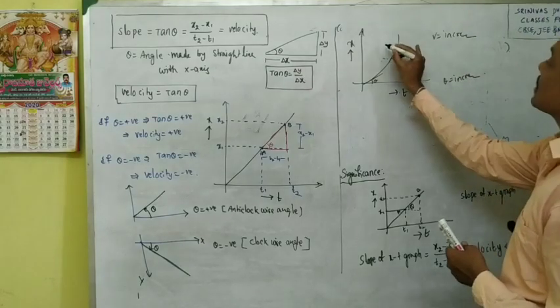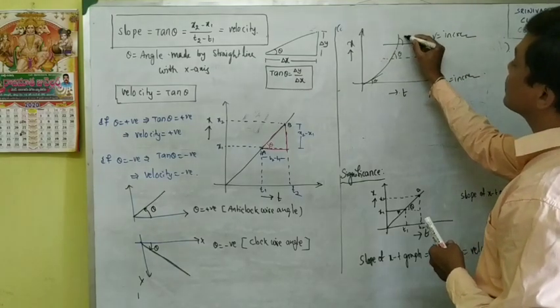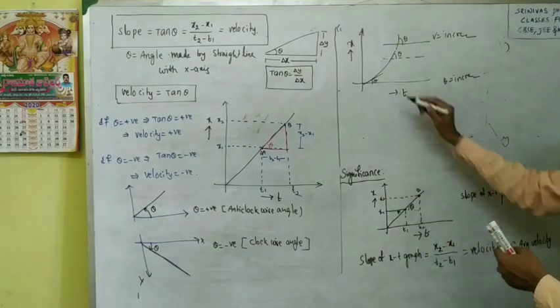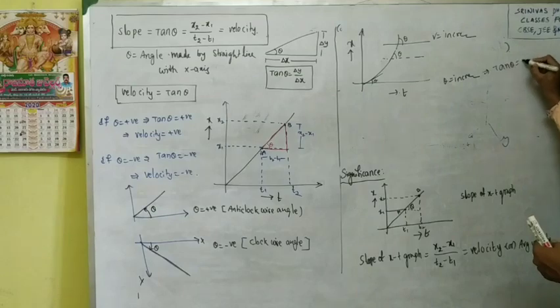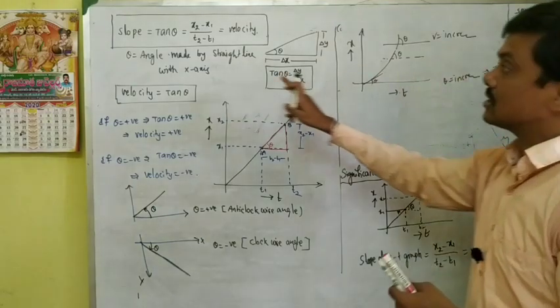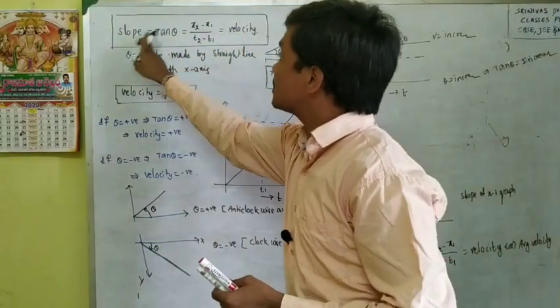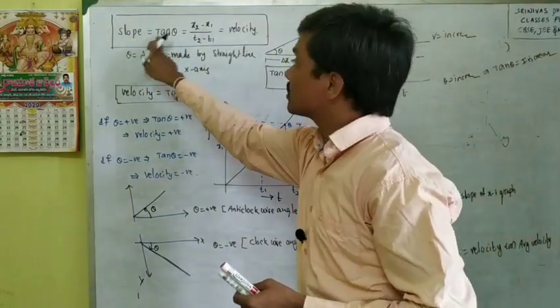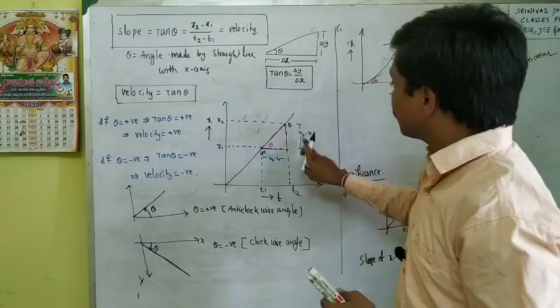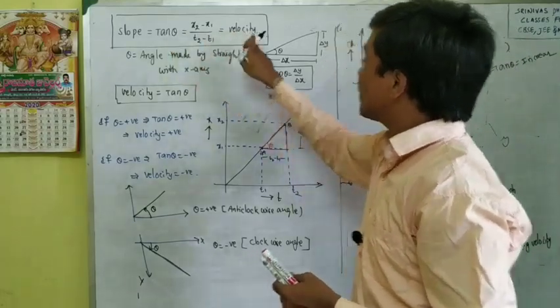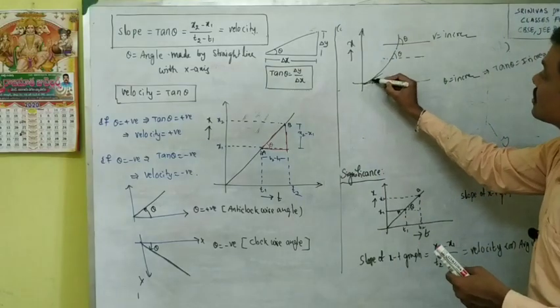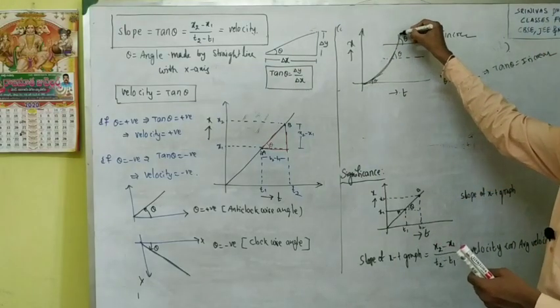When theta increases, tan theta increases. But tan theta gives the velocity, since slope equals tan theta, opposite side by adjacent side. So when theta increases, velocity increases. This graph shows that velocity is increasing.